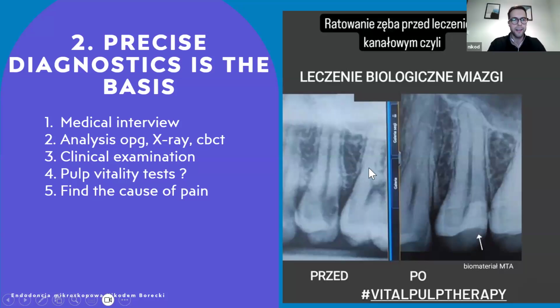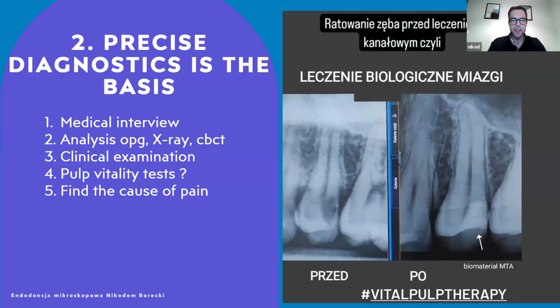So this is my patient I was talking about. I analyzed the X-ray and we can see a deep cavity, maybe penetrating to the pulp, but we have to know that the last word and the last diagnosis is when we open the tooth and we see the situation inside.